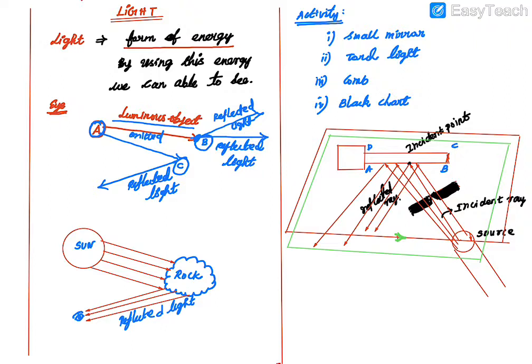Once you bend it, if you focus the torch light, the same way it will go and be reflected, but after bending the light will not be reflected. You cannot see the reflected light because the chart is not straight. The chart is folded, bent towards the earth.